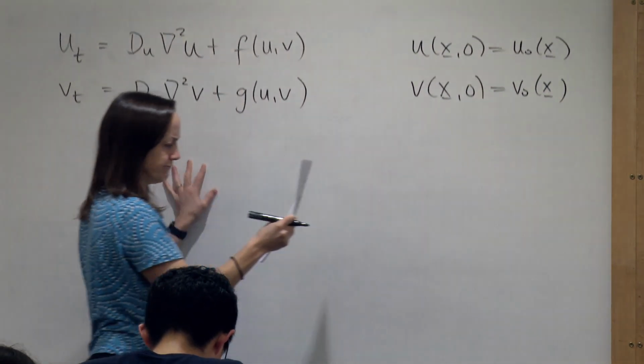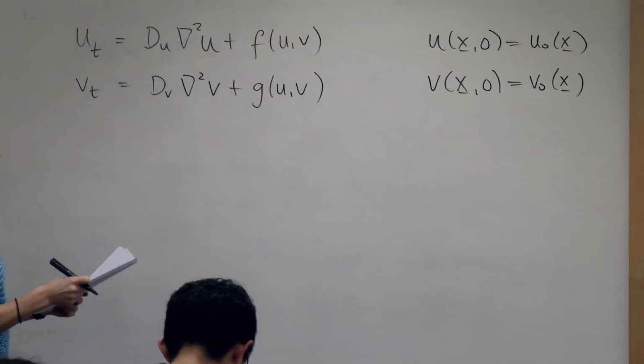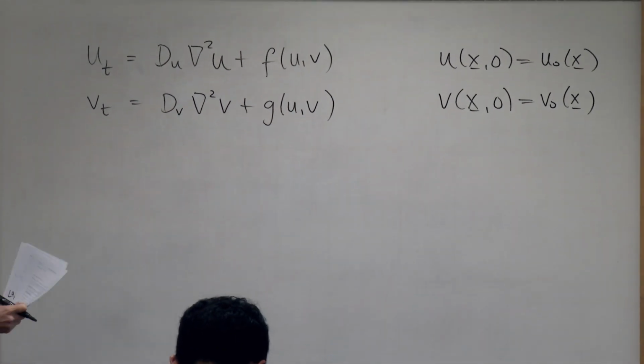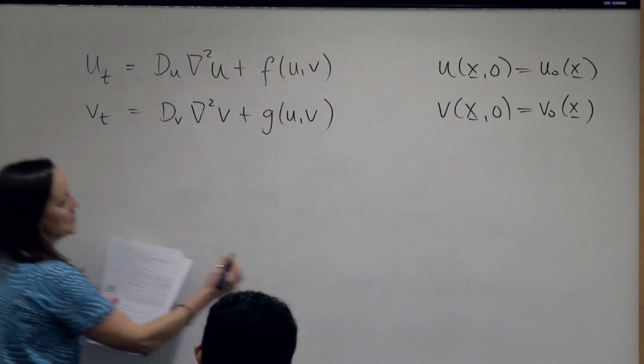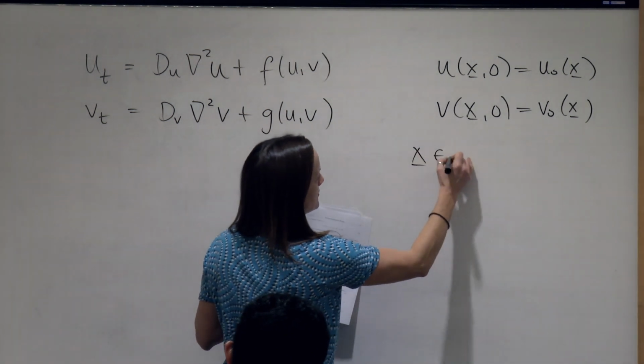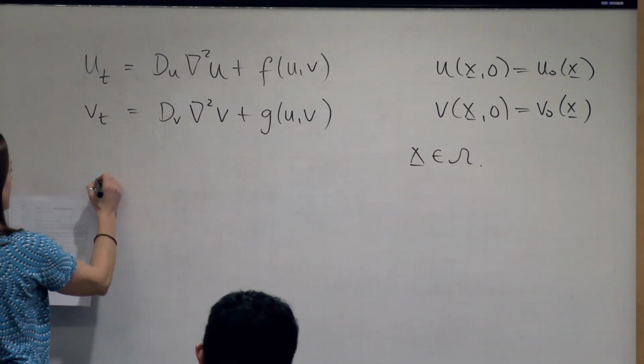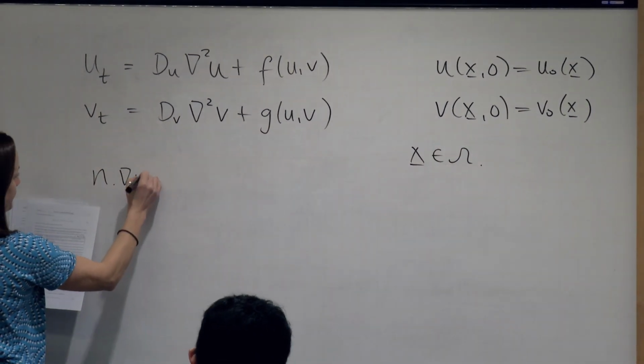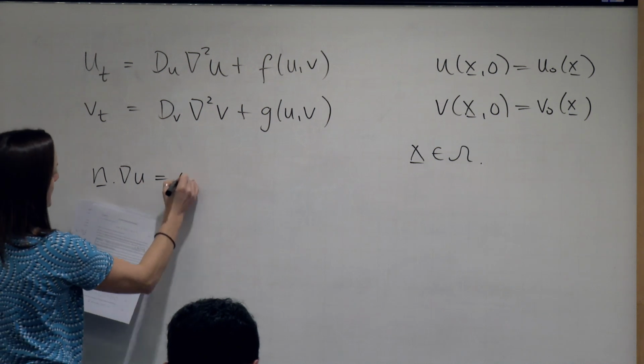We can choose our boundary conditions, but a choice that we have been making, for x in some domain omega, is zero flux, or a Neumann boundary condition.